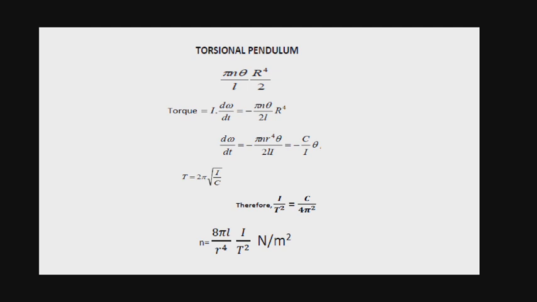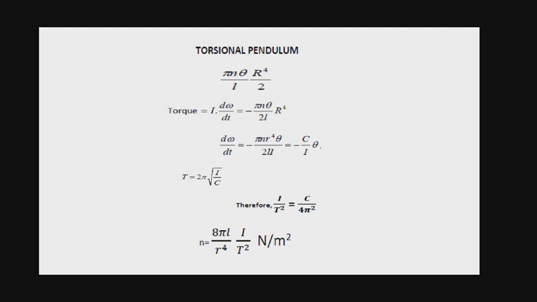When the wire is twisted at its free end, the body is set into oscillations, and those oscillations are called torsional oscillations. Question may be like this: what is torsional oscillation, and derive the torsional pendulum.